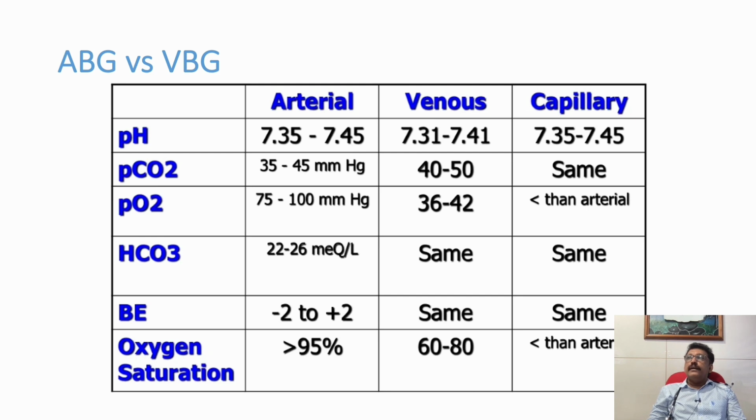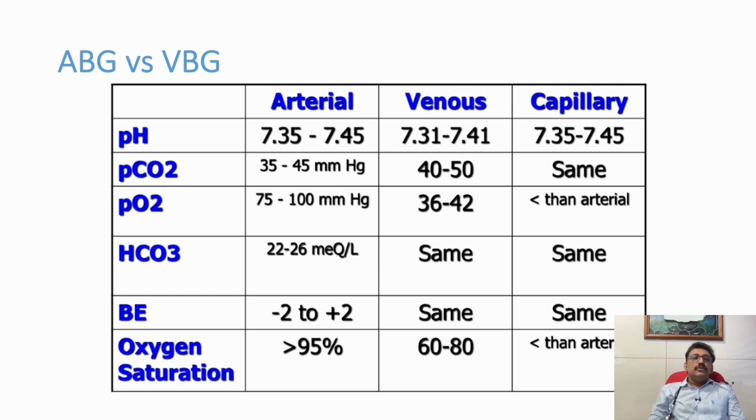Like a patient who is having metabolic acidosis, like diabetic ketoacidosis, you just want to know whether the acidosis is corrected or not. Initial sampling can be ABG, or later you can do only VBG, no need to prick the artery. If there is an arterial line, then that is good, but otherwise you can take the sample from the venous side and do the testing.